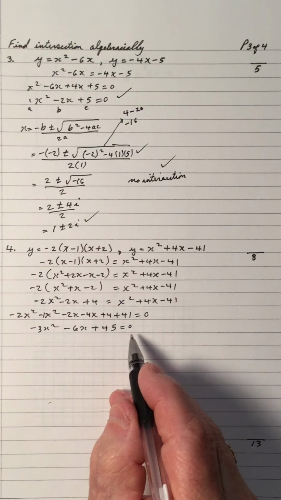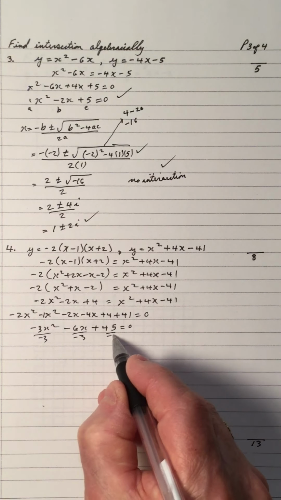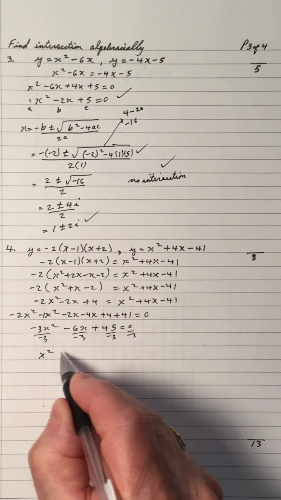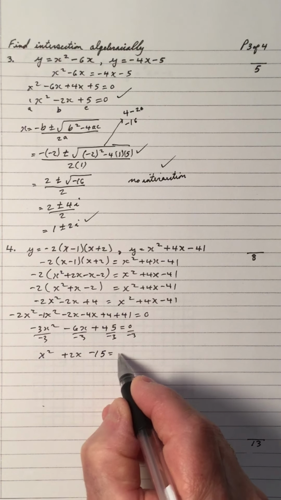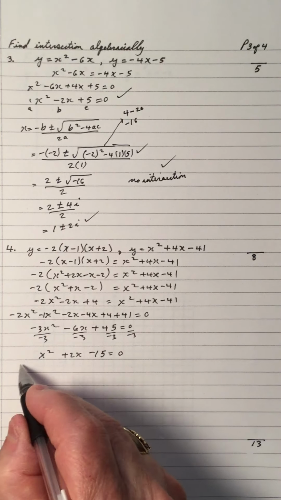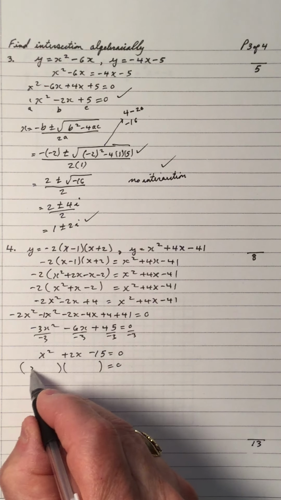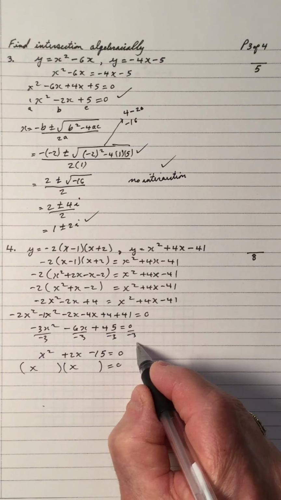And again, I could factor or divide. Let's divide. Because I have an equation, I can divide by -3. That gives me x squared plus 2x minus 15 equals 0. And it is x squared, so hopefully it's factorable. Let's see, x squared is x and x. Factors, product is -15.